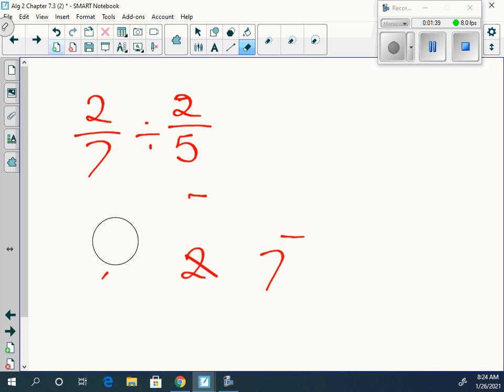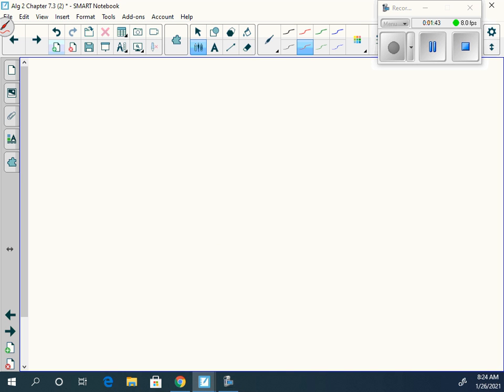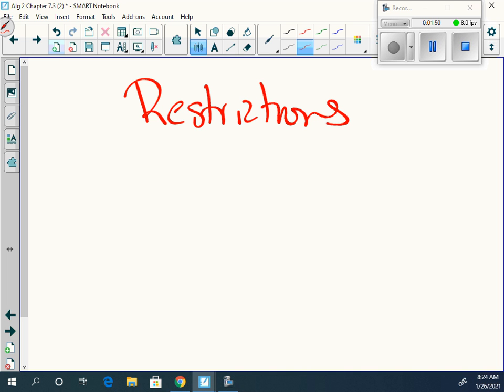Now, we still have restrictions because the denominator cannot be 0. We cannot divide by 0, correct?